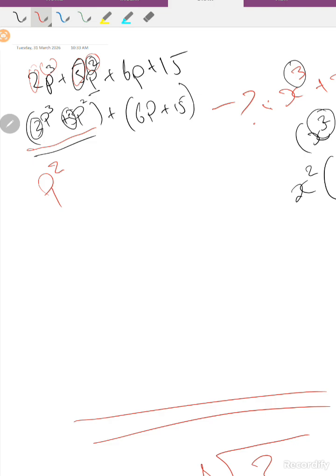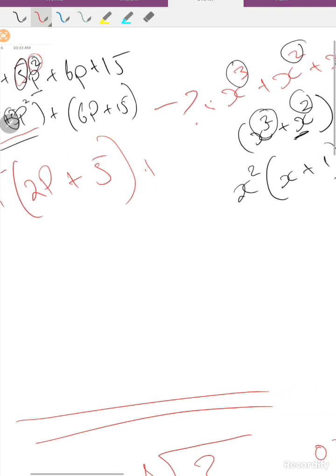After having p squared, we put everything else. So we're going to say 2p plus 5, right? Therefore, after that, you're going to say plus, right? Then look at what's the common factor? It's 3. 3 times 2p plus 5.